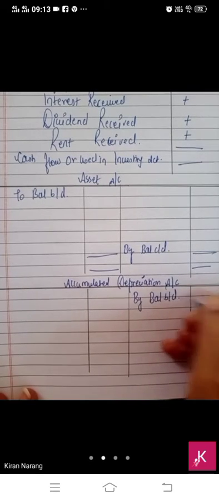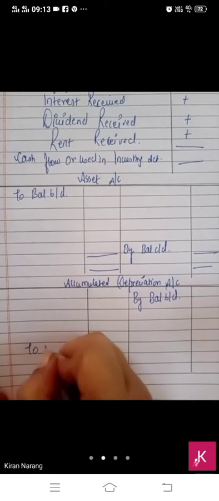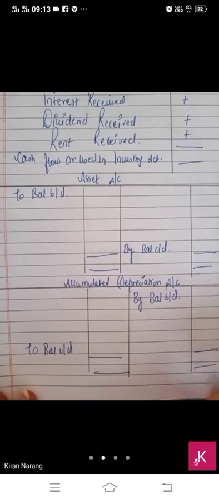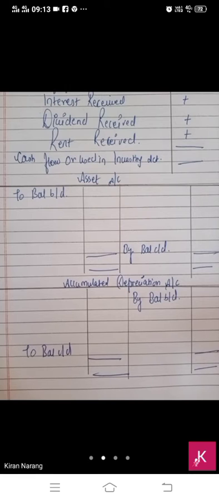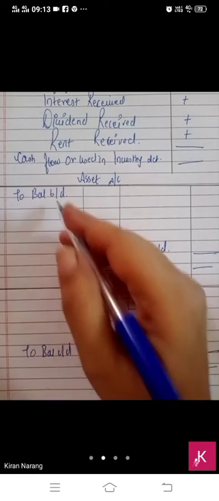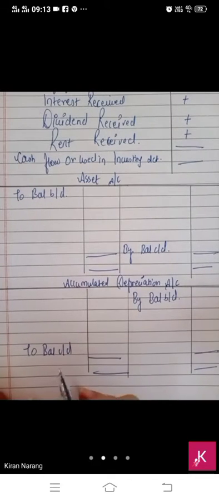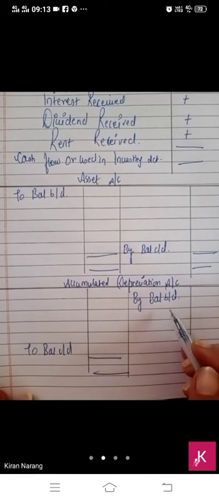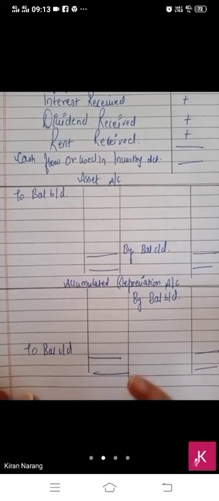Balance brought down will be on credit side and balance carried down will be on debit side. Is it okay, bache? These are the balance BD and CD. Debit for asset and credit for depreciation brought down.